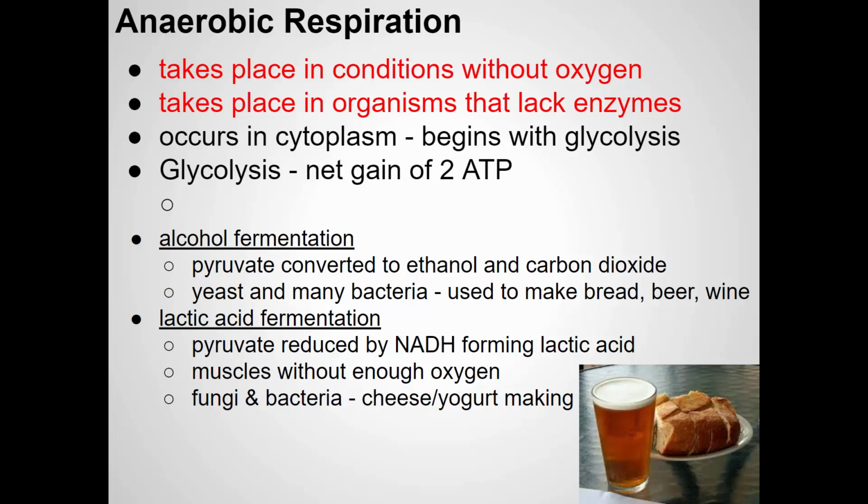Glycolysis involves a molecule of glucose being split, being oxidized into two molecules of something called pyruvate. It takes two ATP molecules to start this process, but the end result is it releases 4 molecules of ATP.